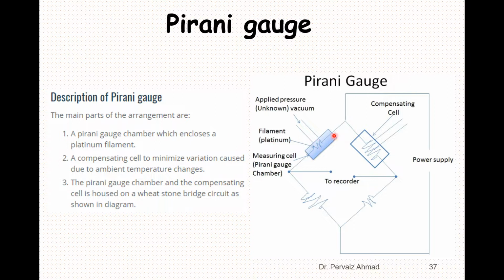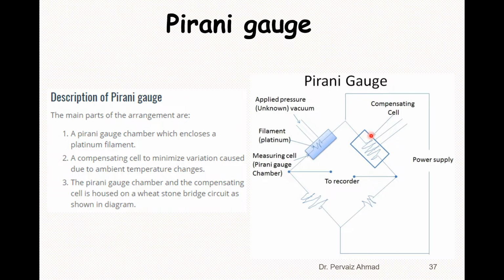We start the discussion of this kind of gauge from this particular section. That is a Pirani gauge chamber which encloses a platinum filament. And then we have a compensating cell, which is here. This is the compensating cell.